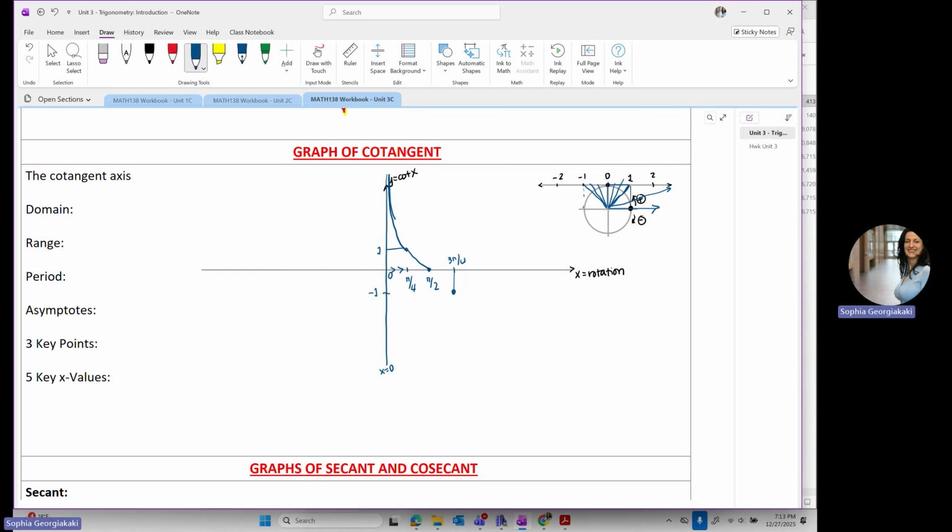for the cotangent. And then as I approach 180 degrees, I will get very large in absolute value, but negative cotangents. When I am exactly at 180 degrees, this terminal side will not intersect the cotangent axis. So I will have another asymptote at x equal to pi.